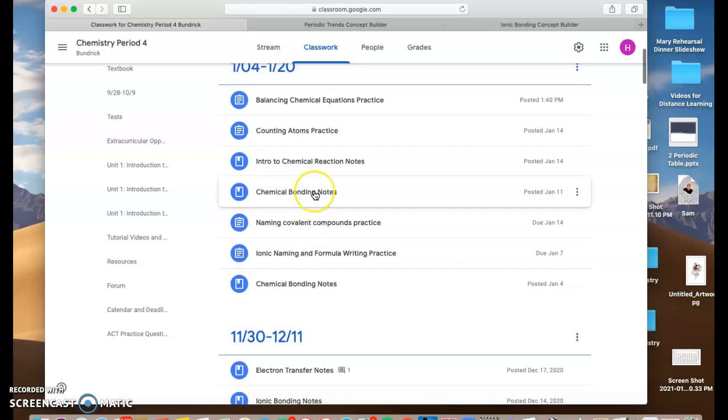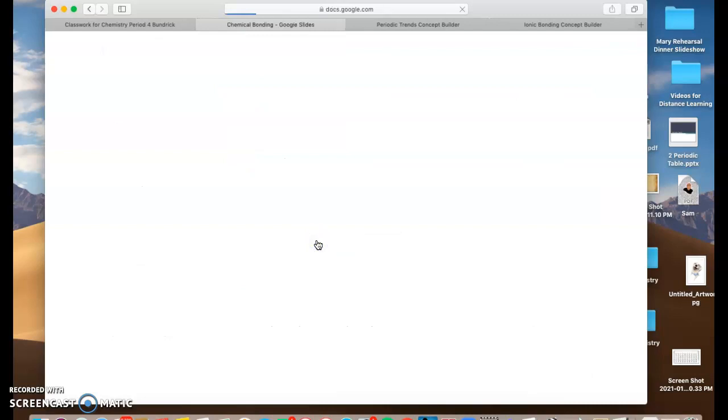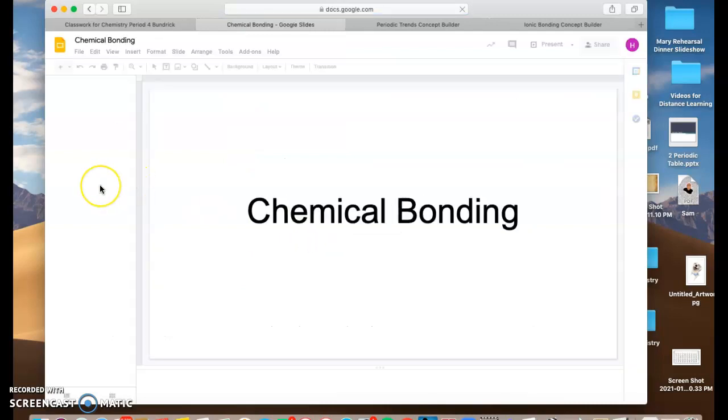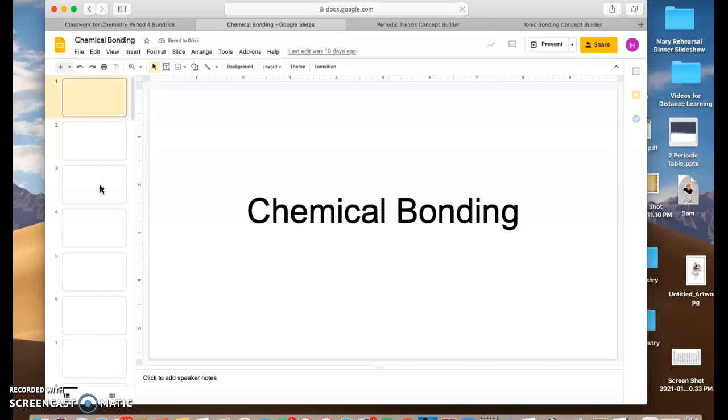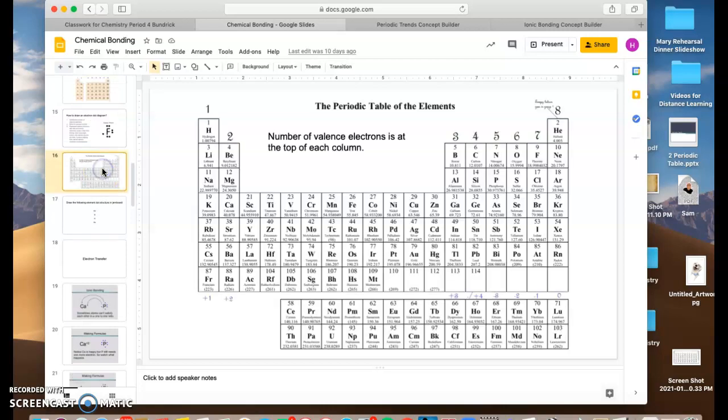Another thing that's going to be helpful to have open is chemical bonding notes. And specifically, slide 15 or 16, I believe. 16, okay?